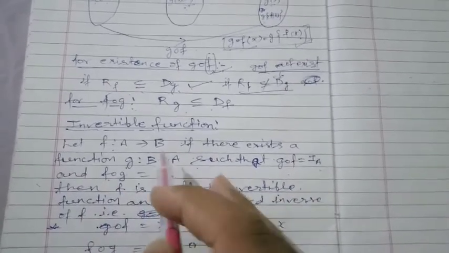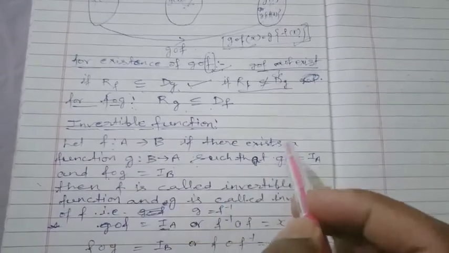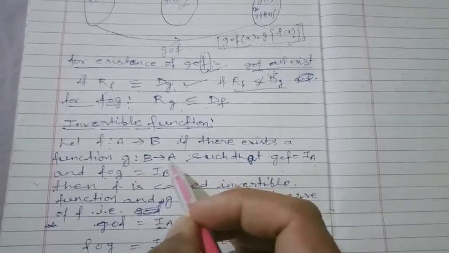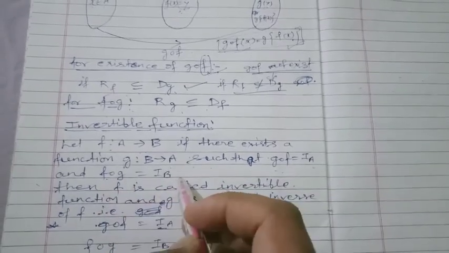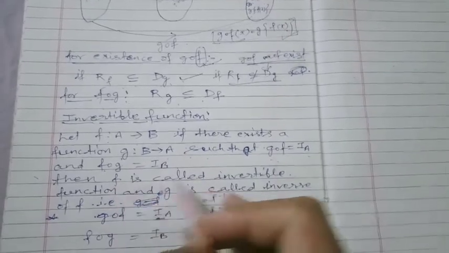Means there exists a g function defined from B to A if gof is equal to identity function and fog is equal to identity function.